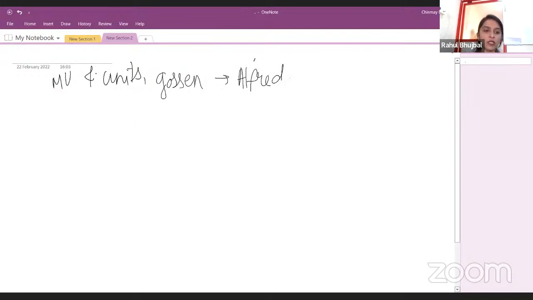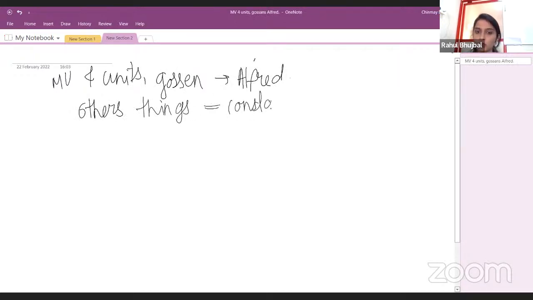For any law, the first thing you need to remember is that other things will always be constant. Then what are the things that are going to change? Only marginal utility will change, and the units of commodities consumed will change. Rest of all the things will remain constant.